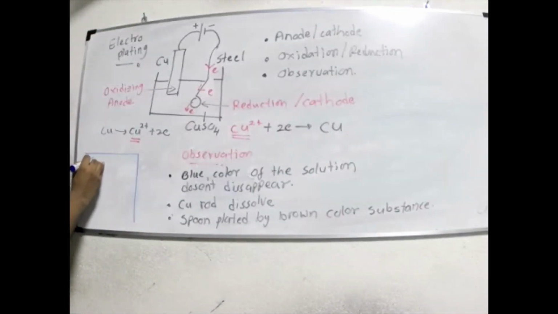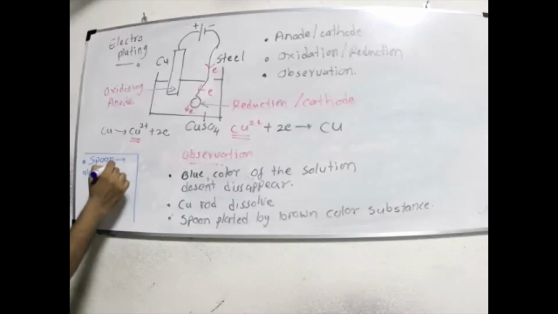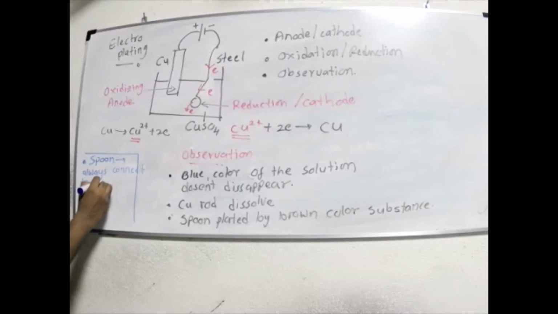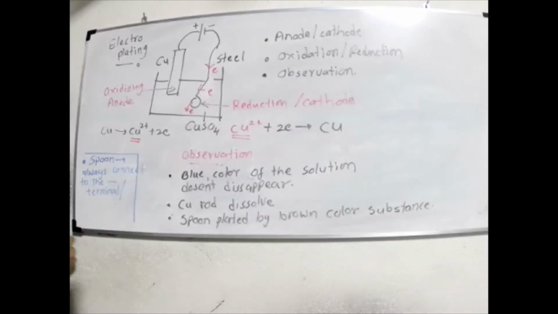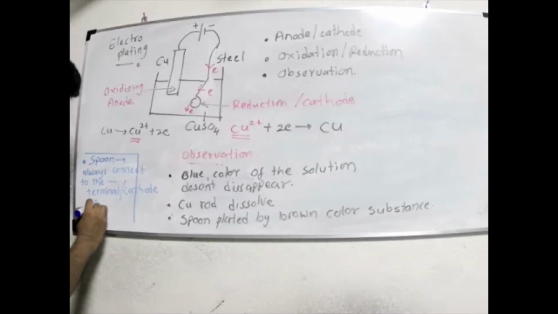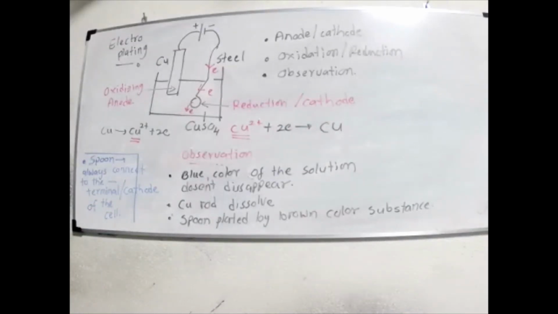Spoon always connects to the negative terminal or cathode of the cell.